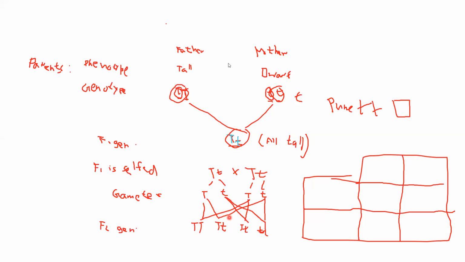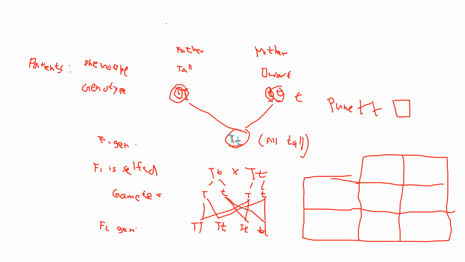Now, Marwan, can you tell me what these two, capital T, small t, will have? Shahid, Ibrahim, anyone? Tallness. Yes, it will be tall because capital T is the dominant trait.